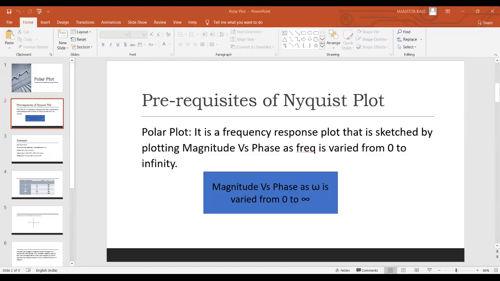Once we are conversant with that, we will come across the limitation of the polar plot, because of which we have to shift to the Nyquist plot, right? So the first step is to see how to sketch the polar plot. We have seen the basics, that magnitude and phase are plotted against each other, where frequency is varied from 0 to infinity.